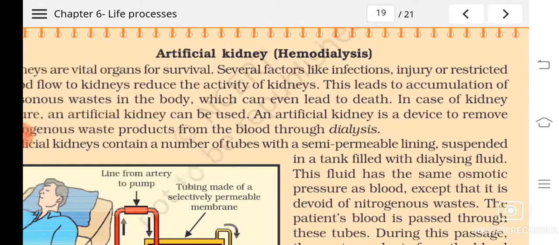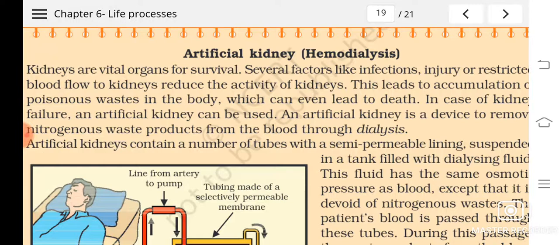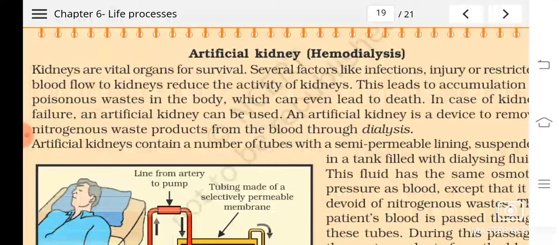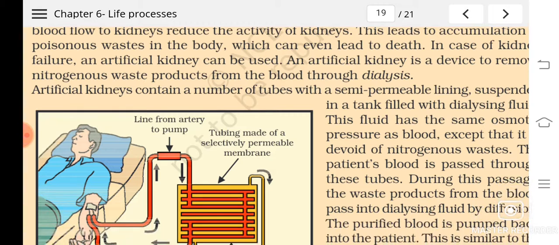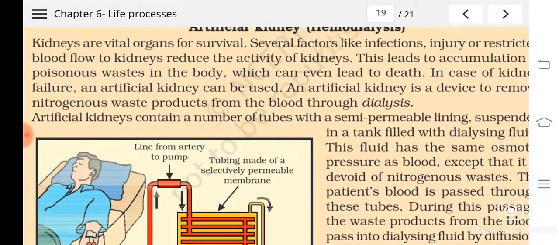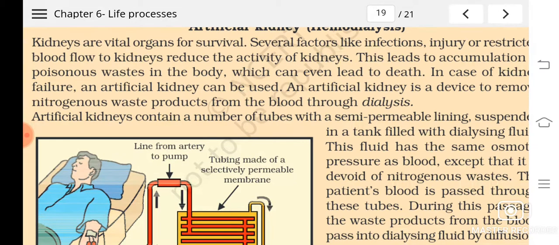Sometimes due to infections or injury or restricted blood flow, means enough blood won't be flowing to the kidneys, the activity of the kidneys may reduce. That will affect the individual's health very badly, and it can even lead to death.